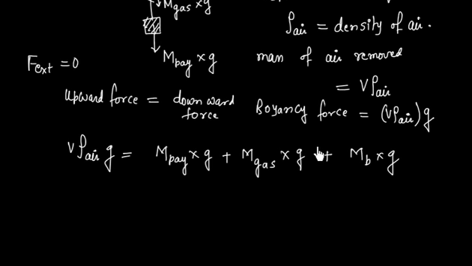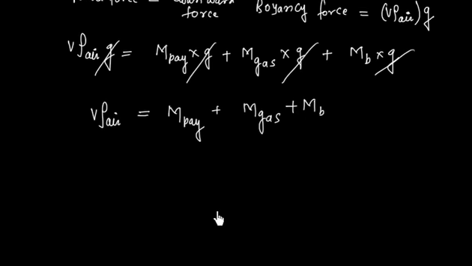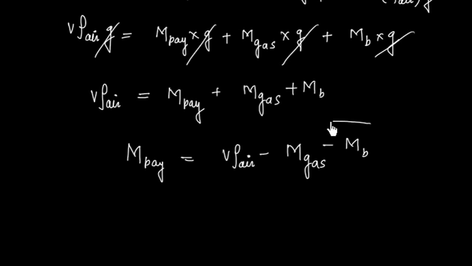We can cancel g, so we will have V into rho air equal to mass of payload plus mass of gas plus mass of balloon. So from here we can calculate the mass of payload, and this is equal to V times rho air minus mass of gas minus mass of balloon.